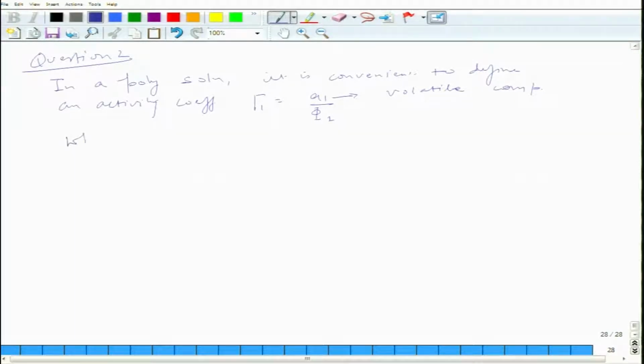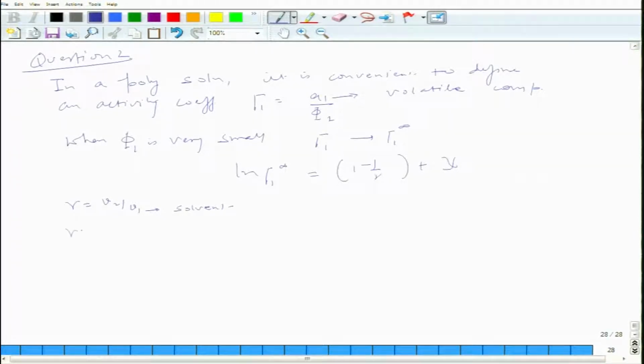When phi 1 is small, gamma 1 is written as gamma infinity, and in that case the Flory-Huggins equation gives us the following expression, where chi is the Flory interaction parameter and r is V2 by V1, where V is the molar volume of the polymer V2 and V1 is for the solvent.